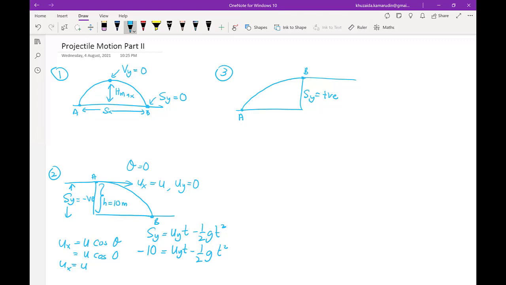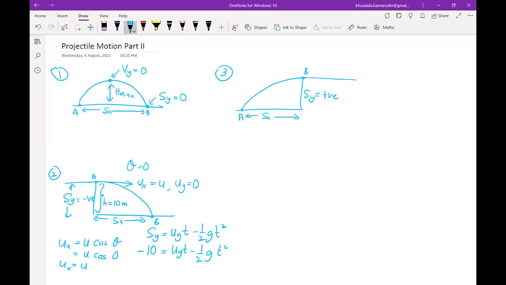Okay, maksudnya bola tu naik ke atas. So bila naik ke atas, your sy must be positive value. Okay, itu sahaja beza dia antara A dengan B. Yang lain macam biasa ya, you have Sx adalah jarak daripada starting point to the end point in X component. Okay, nama lain Sx adalah range.